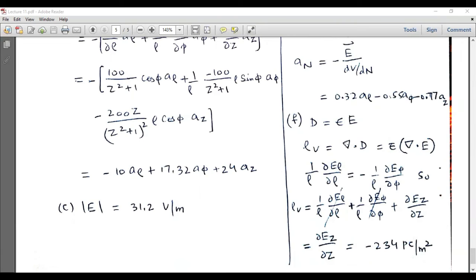While evaluating it, we will see that this term 1 over rho partial E rho over partial rho is equal to minus 1 over rho partial E phi over partial phi.